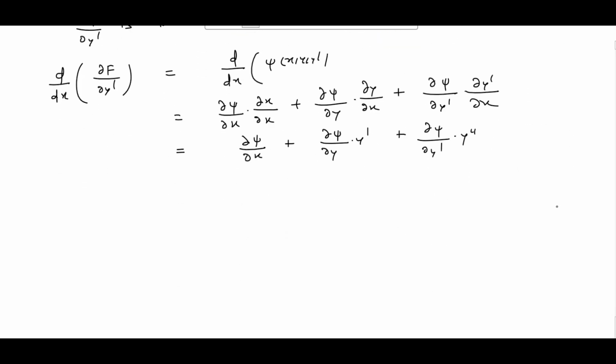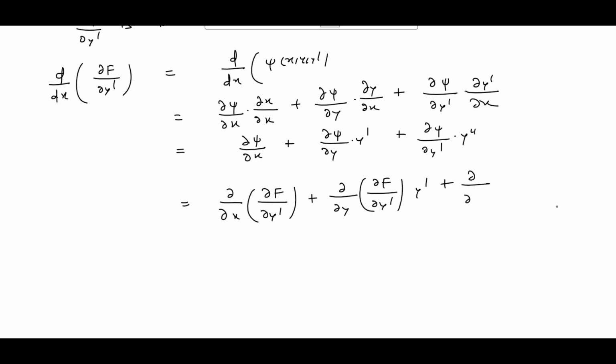So now replace the phi by del f over del y dash, that is d over dx, del over del x of del f over del y dash plus del over del y, that is del f over del y dash, and y dash plus del over del y dash, that is del f over del y dash, multiply to second derivative.